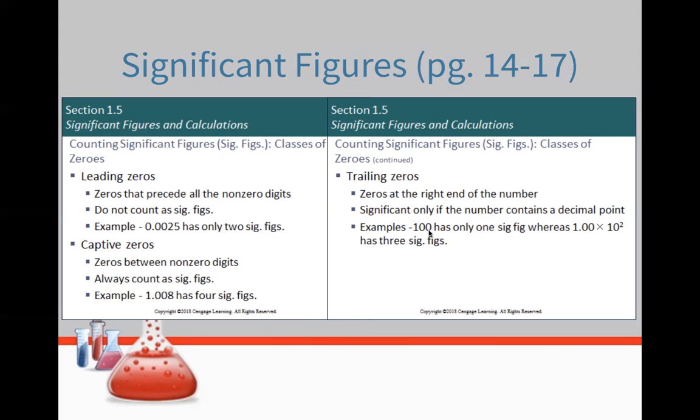However, with 100, since there is no decimal point, these zeros are not significant. Only the 1 is significant, so 100 without the decimal point has only one significant figure. What matters here is the decimal point. If there is one, those trailing zeros are significant. If there is none, they are not.